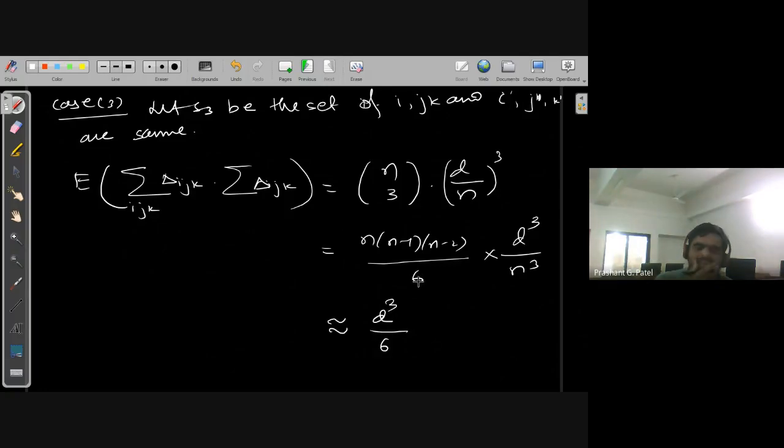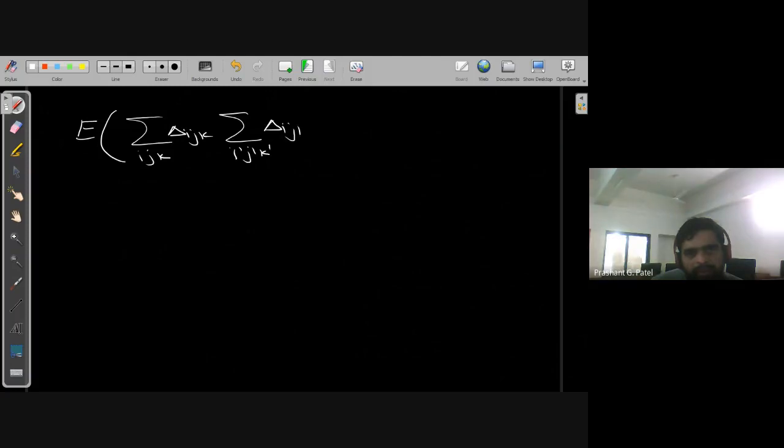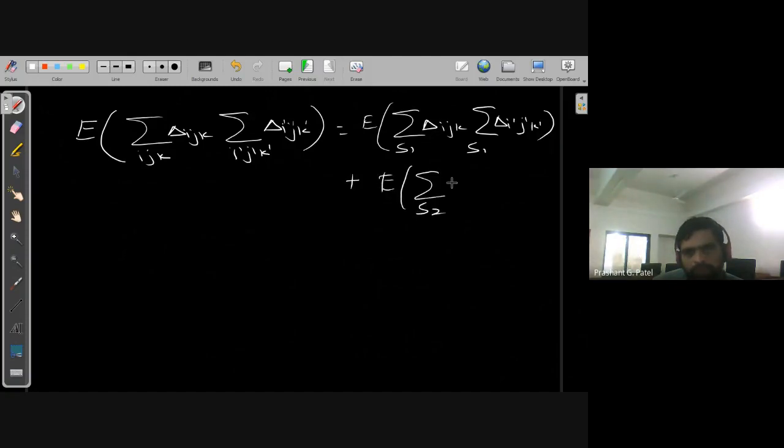So finally, this is not for all, this is for S3. So what we get finally is the expectation of summation ijk delta ijk, summation I dash j dash k dash delta I dash j dash k dash, is equal to the expectation of summation over S1, plus the expectation of summation over S2, plus S3.